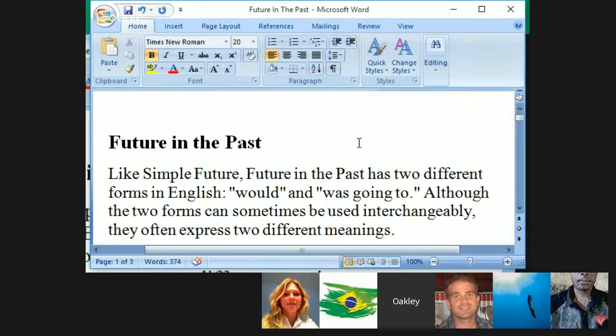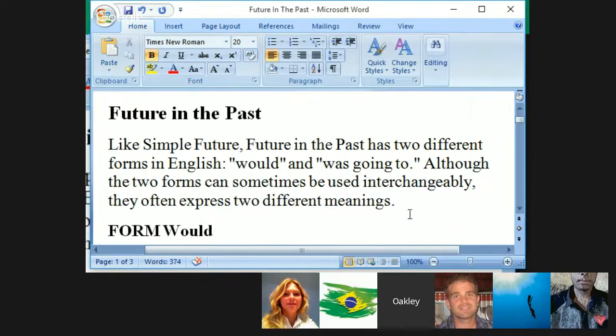And instead of is, the present tense of the verb to be, we have was going to. Similarly to the simple future verb tense, although the two forms can sometimes be used interchangeably, sometimes not so much. They can have different meanings.